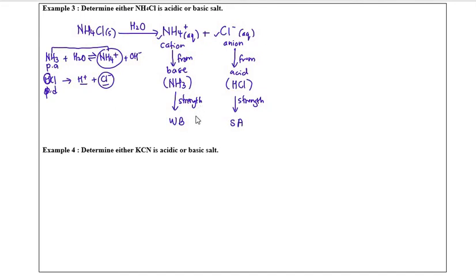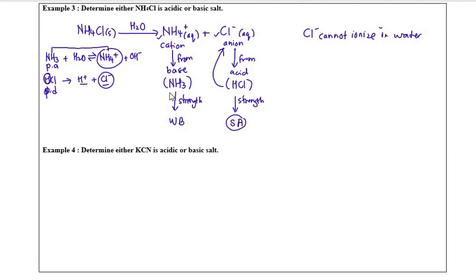From here, HCl is strong, so we conclude this ion Cl- cannot ionize in water, because this ion comes from your strong acid. That's why I conclude it cannot ionize in water. How about ammonium here?